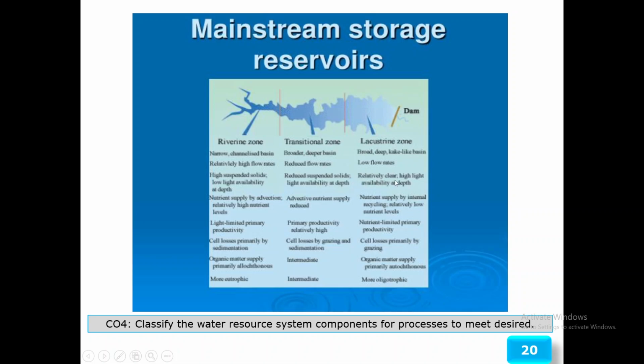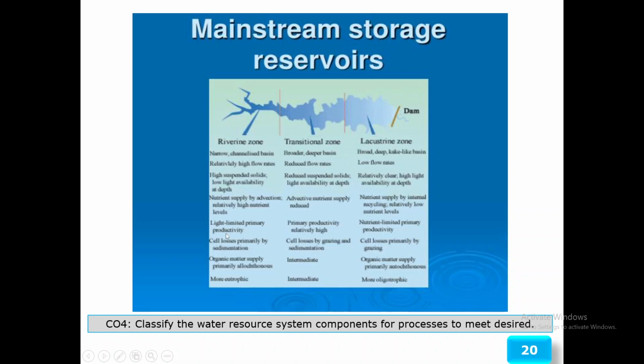Here relatively clear, high light available at depth. Here nutrient supply by advection, related to high nutrient levels. Here advective nutrient supply is reduced, whereas here the nutrient supply is by internal recycling, with relatively low nutrient levels.